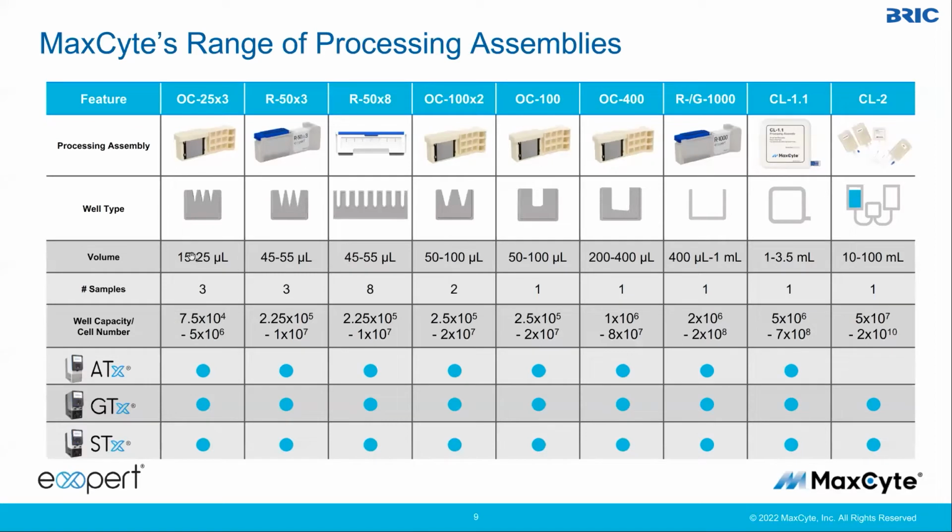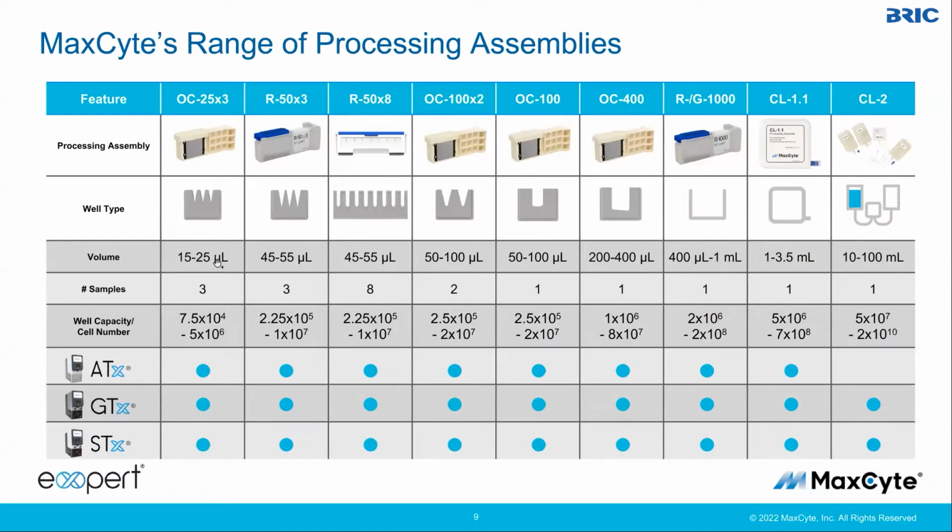And if you need to go larger, or if you need more samples, we do have an 8 sample processing assembly for simultaneous electroporation. What I'd like to point out is usually customers will optimize at the small scale, let's say 20 microliters. Once you lock in your cell density, which electroporation protocol, and what concentration of DNA, CRISPR RNP, or mRNA, you take that same concentration when you scale up.